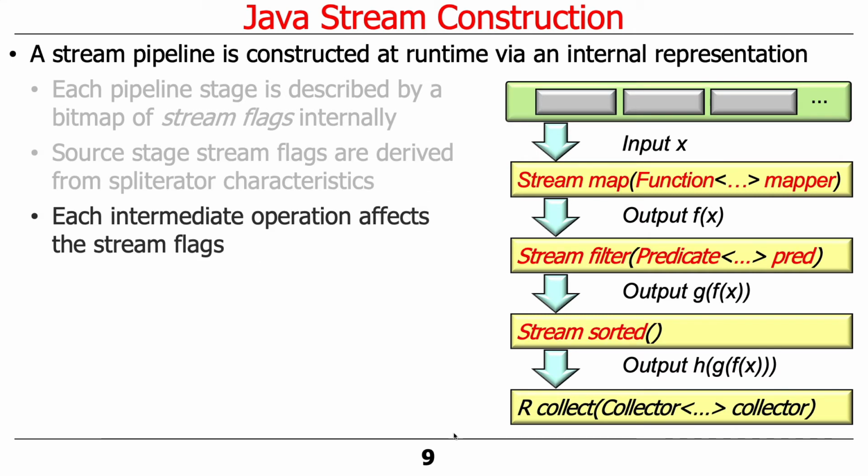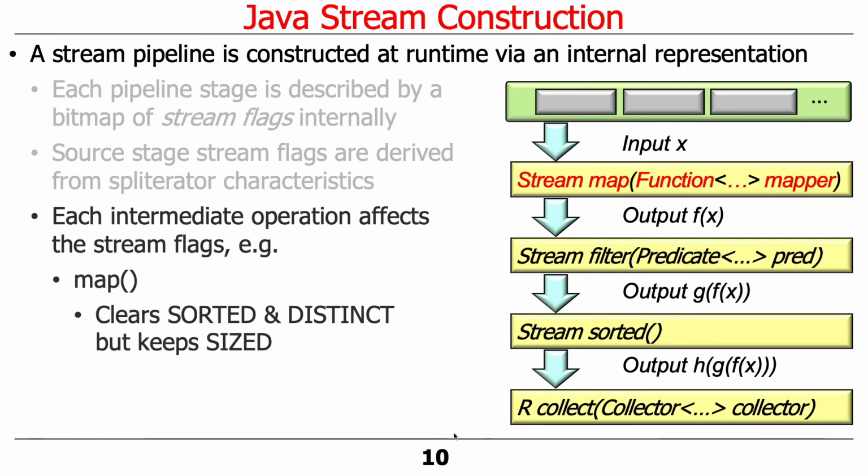Each intermediate operation in the stream can then affect the flags that have been propagated from the source. So for example, if a map operation occurs in the stream, that will clear the sorted and distinct flags, but it keeps the sized flag. And that's because map takes a mapper function that could change the values and the types for that matter, but certainly the values could be changed.